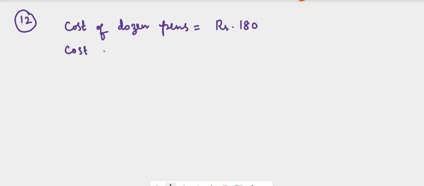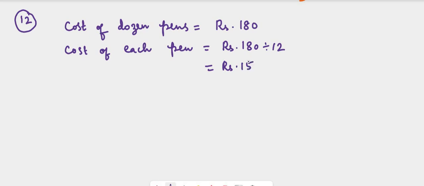So cost of each pen is equal to 180 divided by 12. Why are we dividing with 12? Dozen means 12. So rupees 15. If you divide 180 with 12, 12 1s are 12, 6 0, 5.